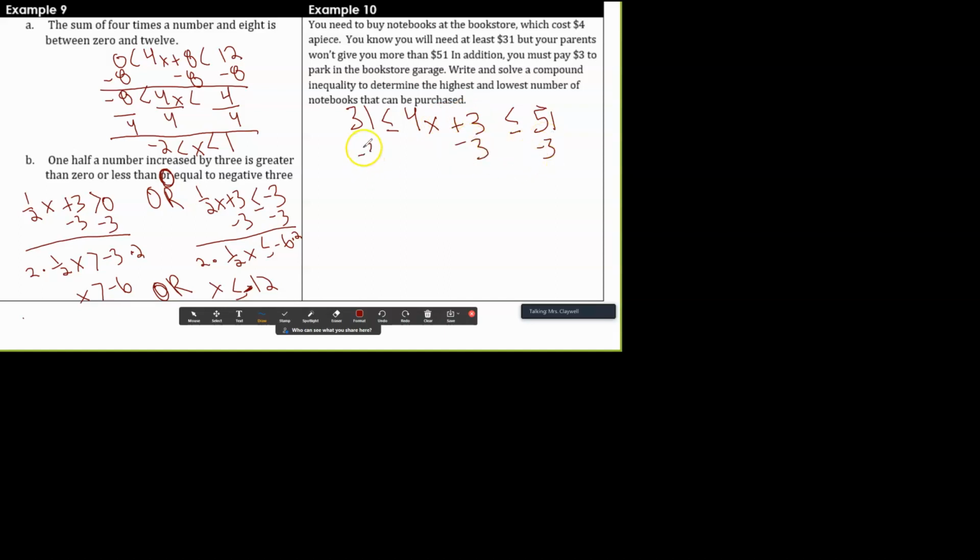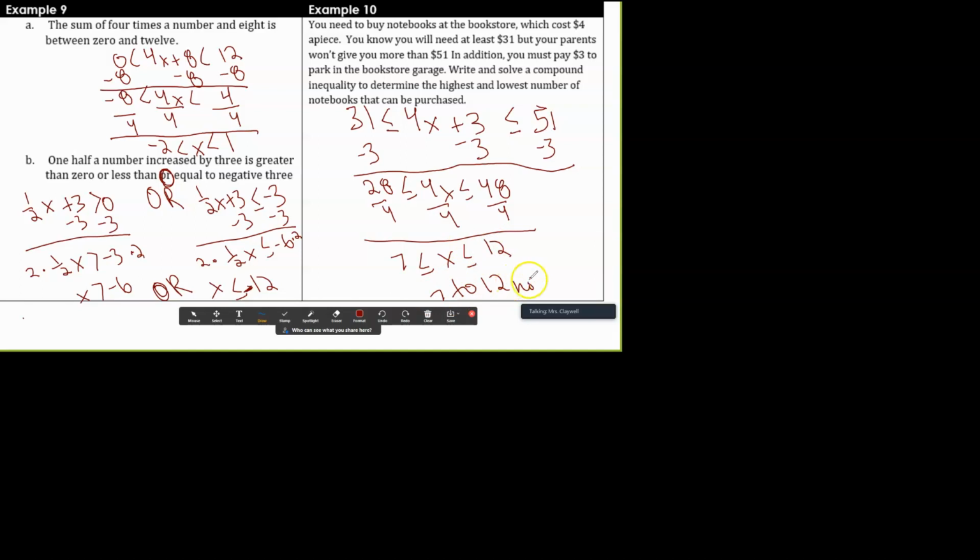So I'm trying to solve for the range of how many notebooks I could buy. So I can get 7 to 12 notebooks.